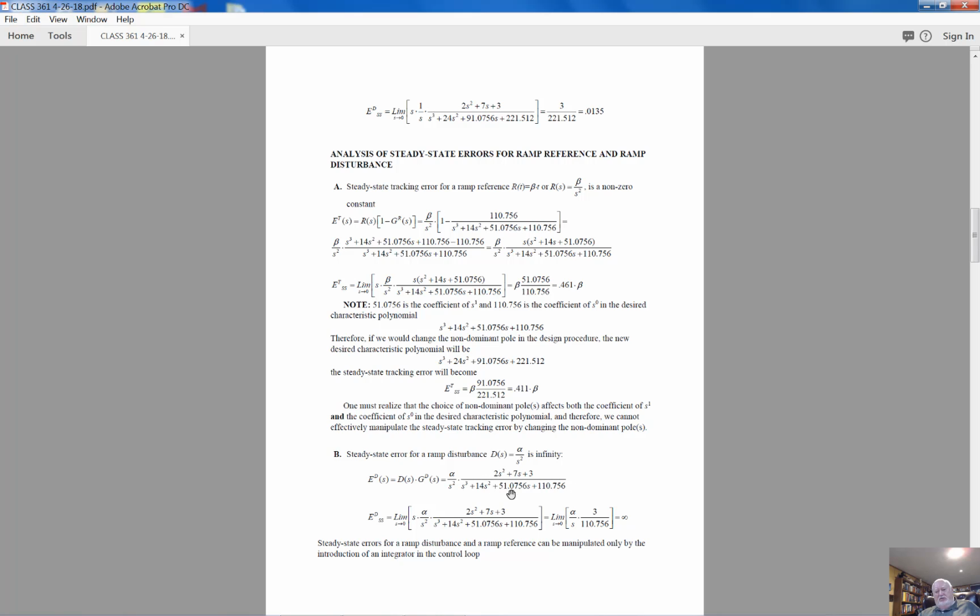I have this result. I apply the final value theorem. And look what happens. I'm getting error equal to infinity, which implies that our system cannot handle ramp type disturbance. Something else has to be done about it.